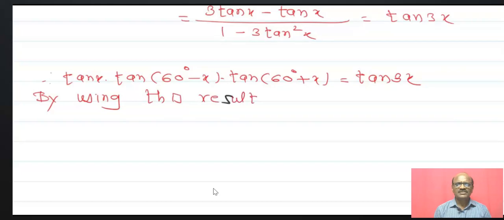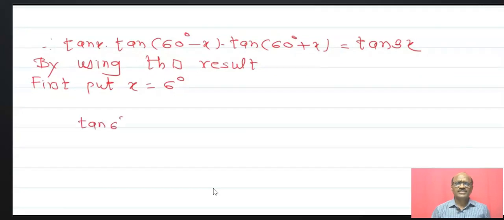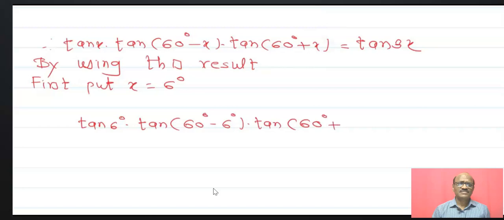Now by using the above result, first x equals 6 degree, then tan of 6 degree, tan of 60 minus 6 degree, and tan of 60 plus 6 degree, and that is equal to tan of 3x, that is tan of 18 degree.